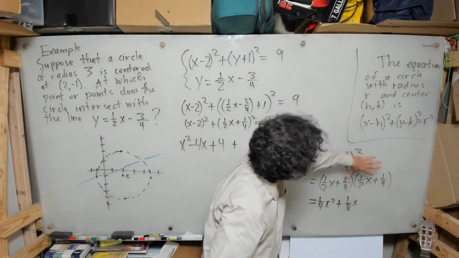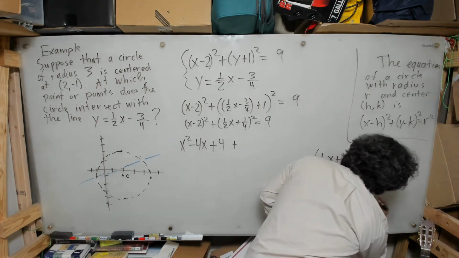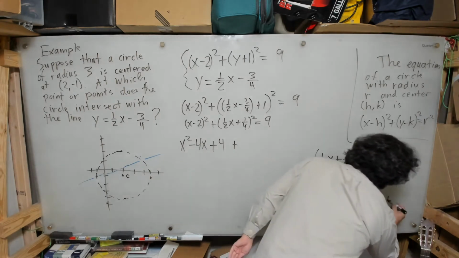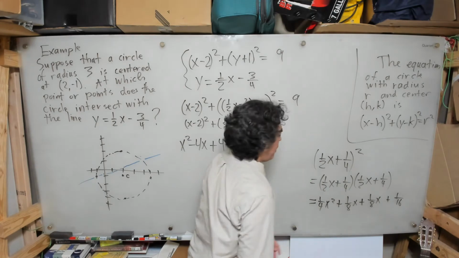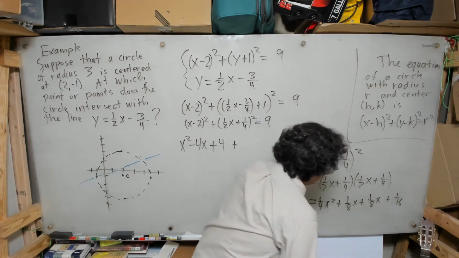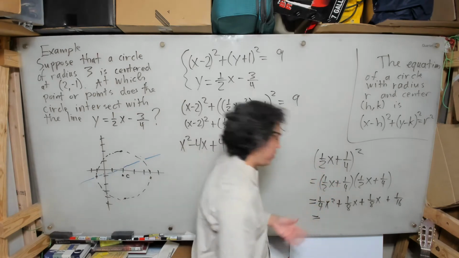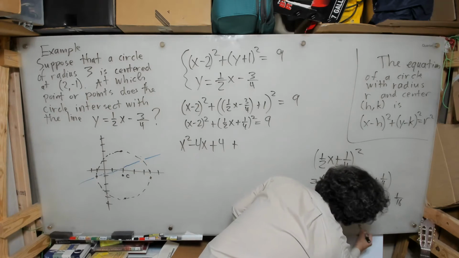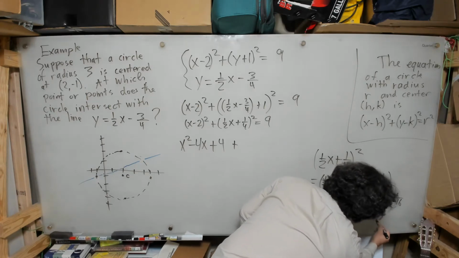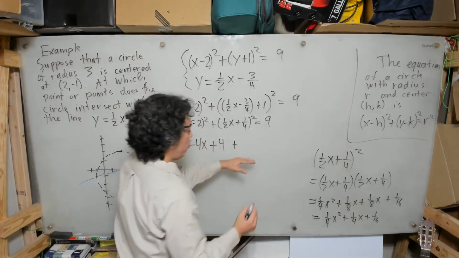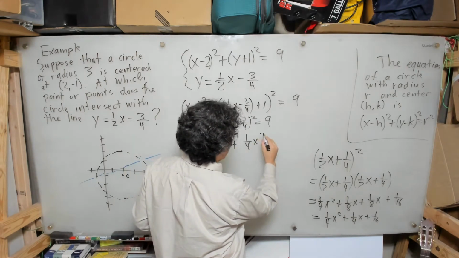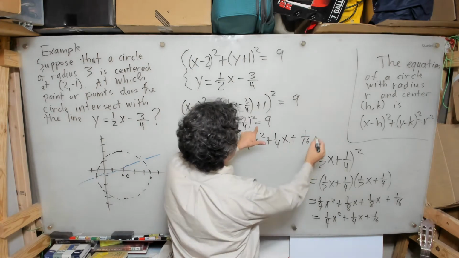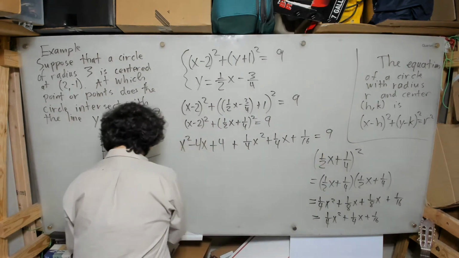Then this 1/4 times this 1/2 x becomes another positive 1/8x, and then 1/4 times 1/4 becomes plus 1/16. These two like terms, 1/8x plus 1/8x, become 2/8x, or in other words, 1/4x. So I can replace this with 1/4 x squared plus 1/4 x plus 1/16, and that equals 9.